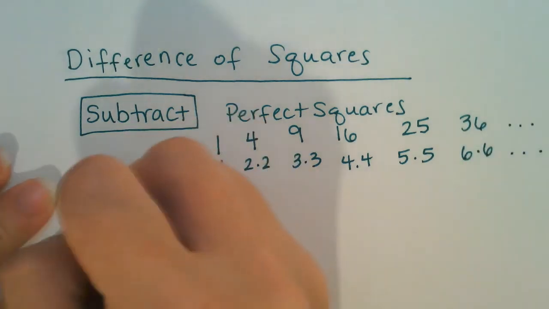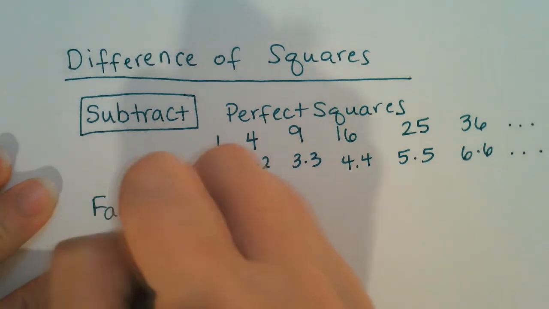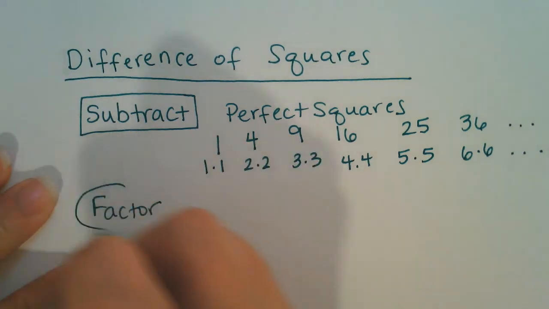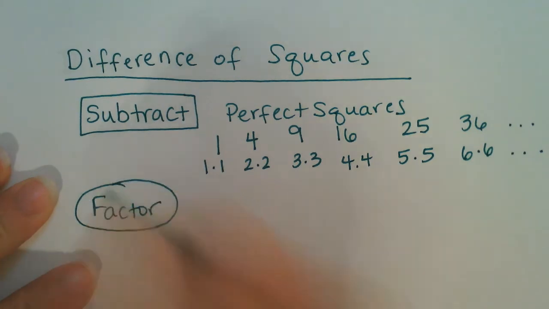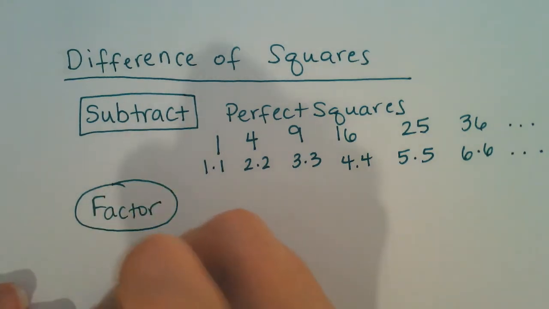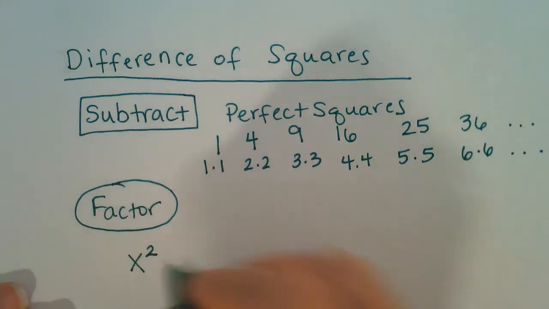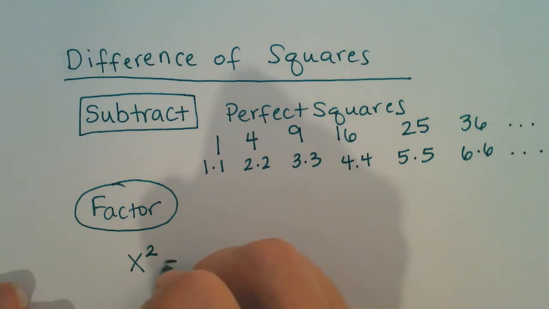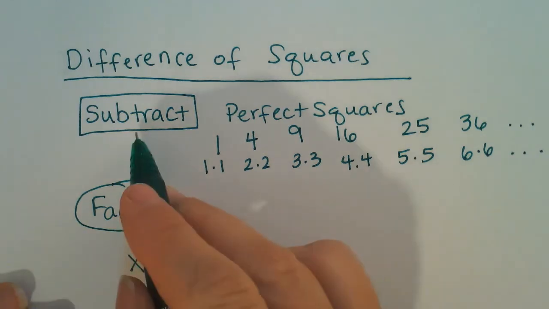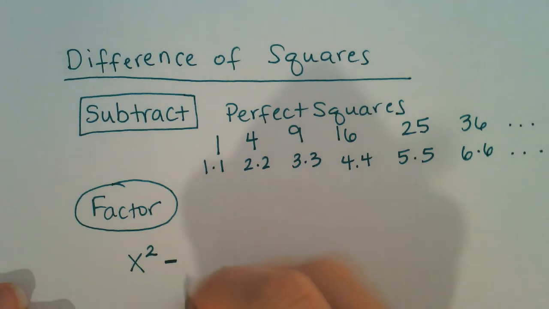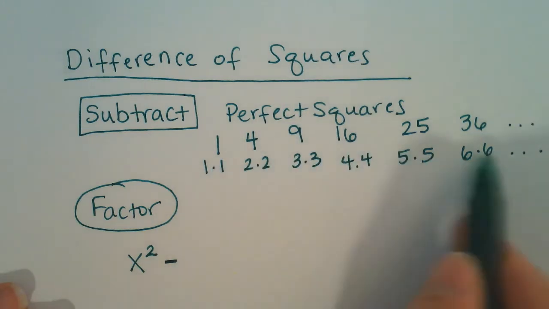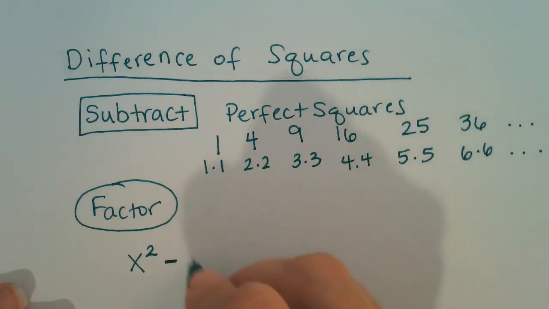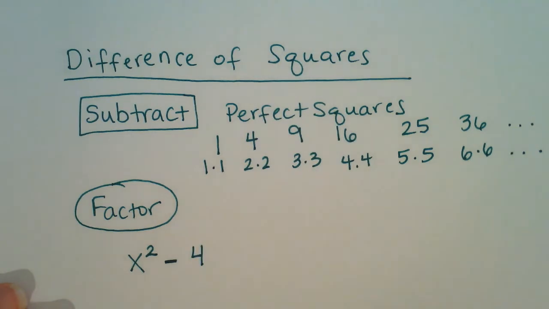So to factor a difference of squares, x squared is a perfect square minus, there's the subtraction or the difference, and I could pick any one of these numbers to put next. So let's say it's 4.